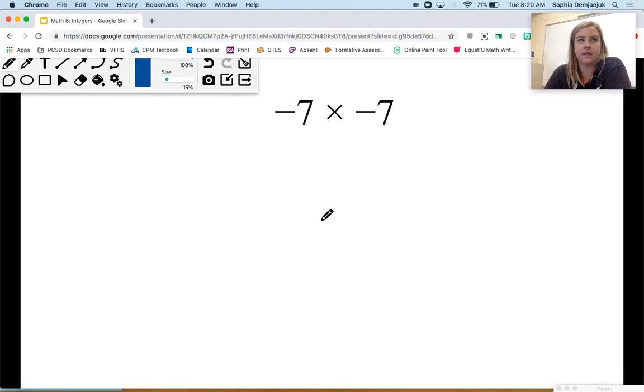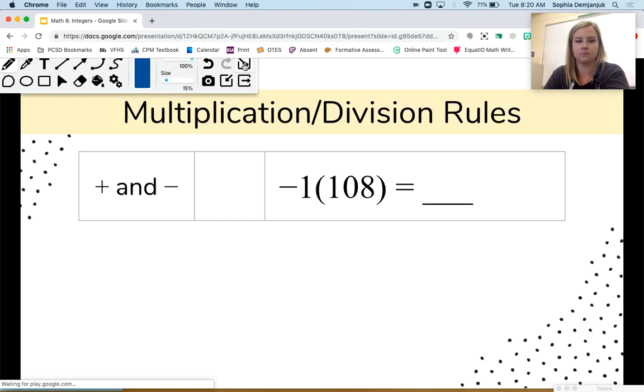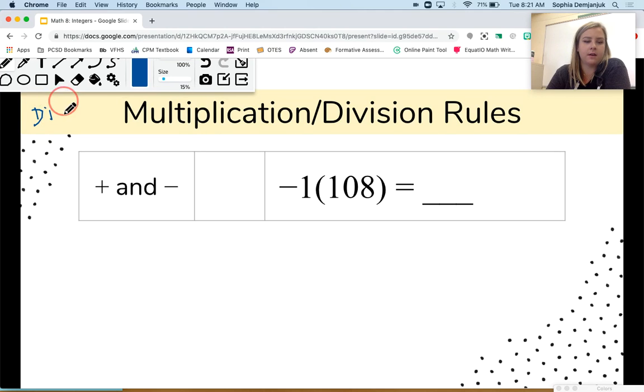Go ahead and complete -7 times -7. You should have gotten +49. And then our last rule is when we're doing multiplication and division and they're different signs. So one's positive, one's negative.